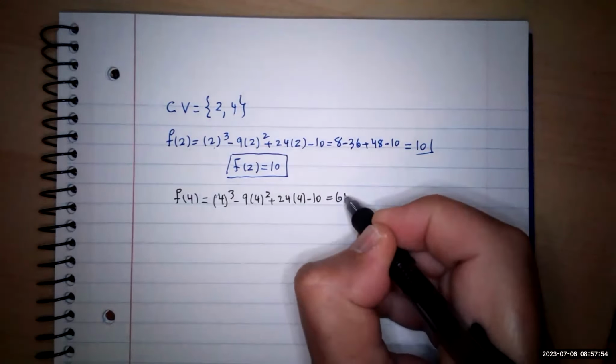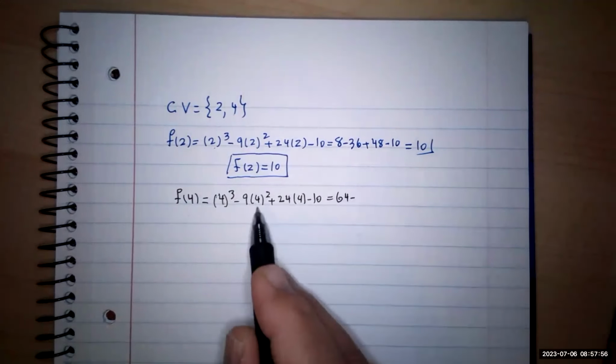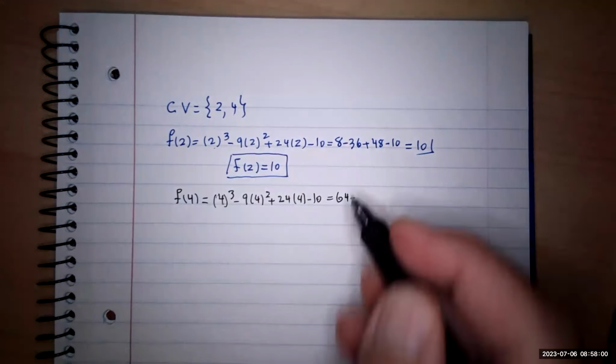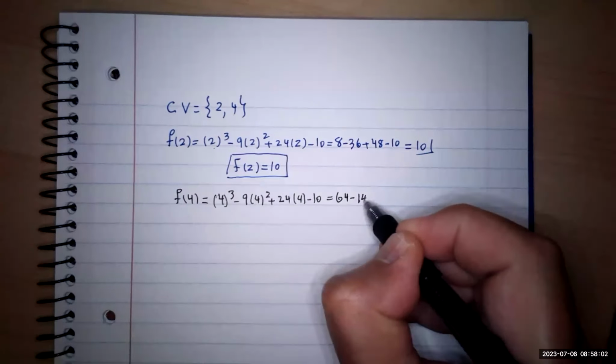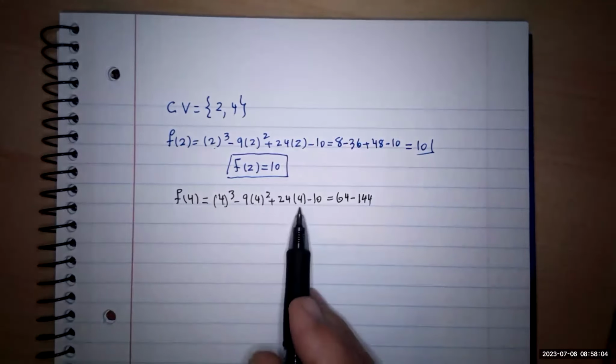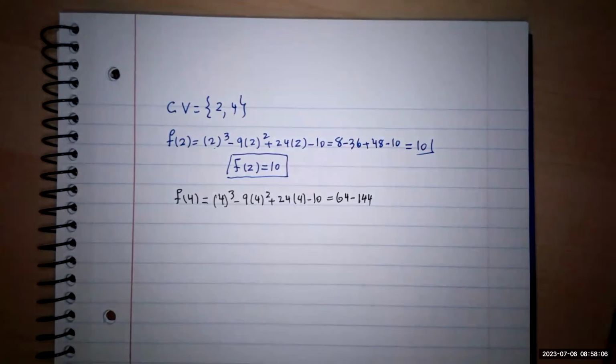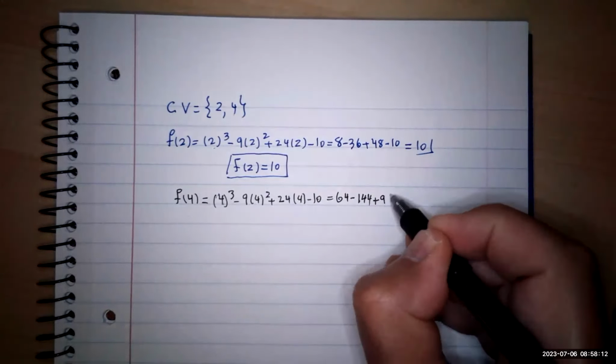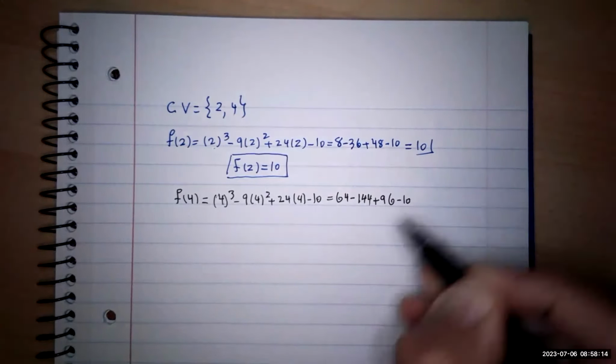So that gives 64 minus 4 squared, which is 16, and 16 times 9 would be 144. Then we have 24 times 4, which is 96, and minus 10.